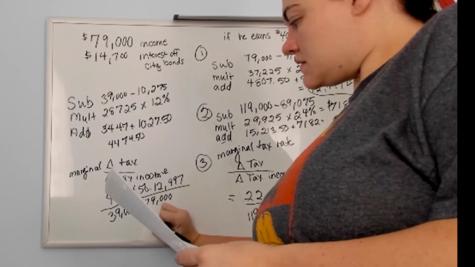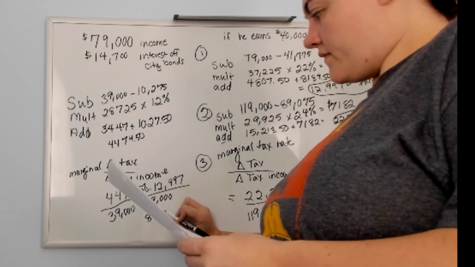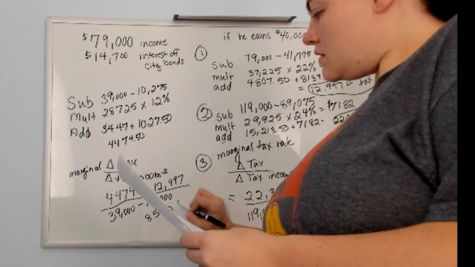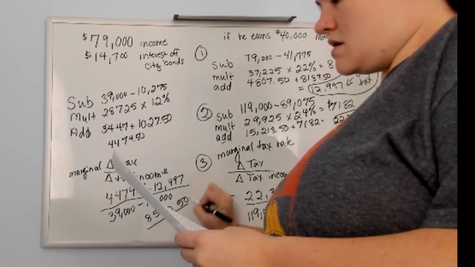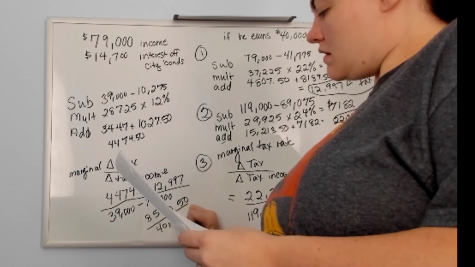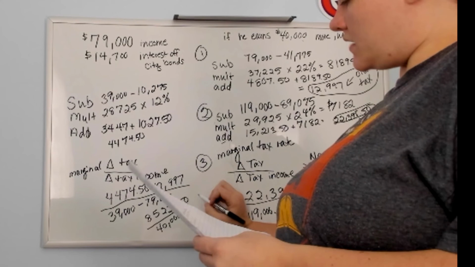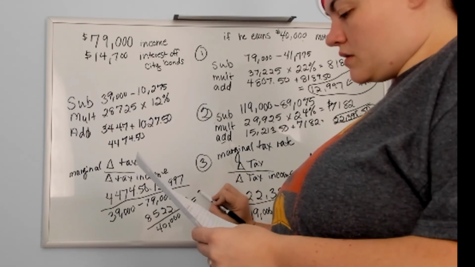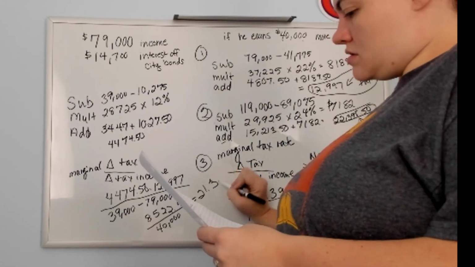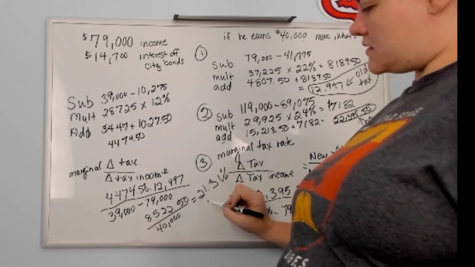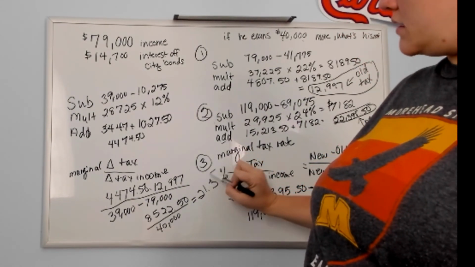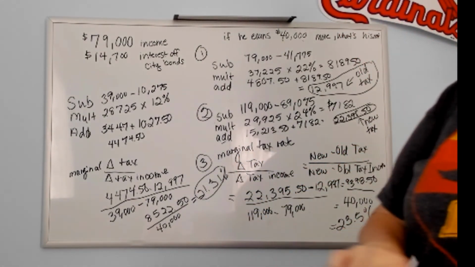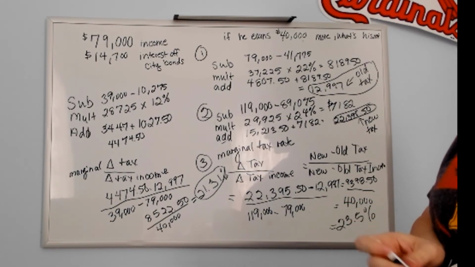So that's going to give us $8,522.50 over that 40,000. There are some negatives in there, but they cancel, leaving you with a positive percentage. That gives us the marginal tax rate of 21.31%.